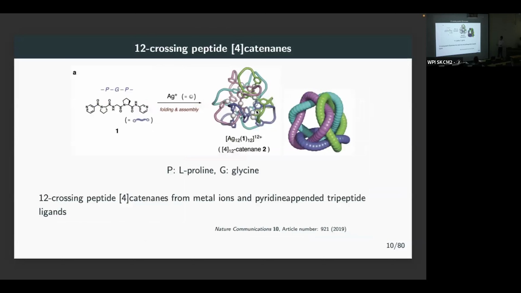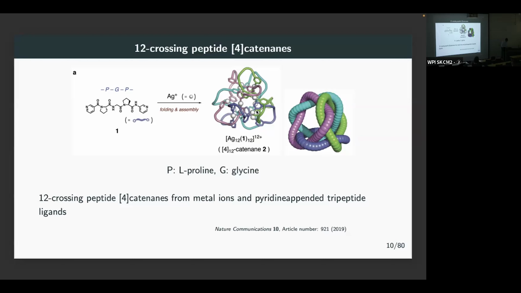Okay, the first one is this picture. This is made of Ag plus metal ions and also a tripeptide as in this picture. P is L-proline and G is glycine. And if you prepare a PGP tripeptide with a pyridine here, then this pyridine part will connect to Ag plus, and that will make a form as in this picture.